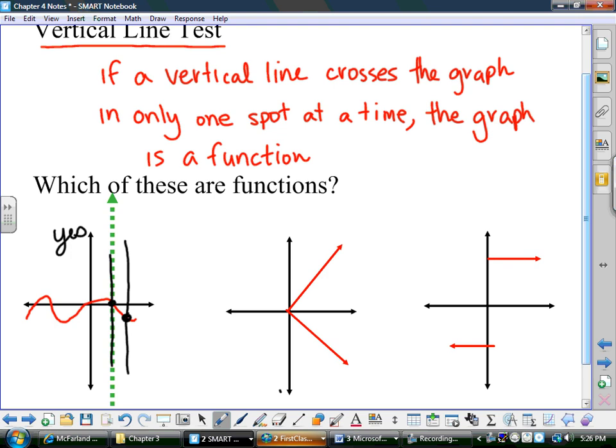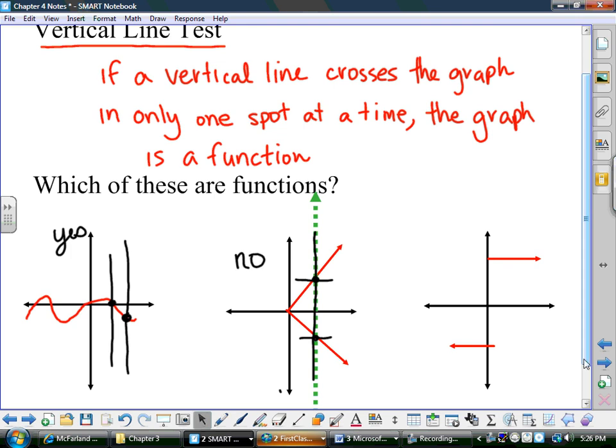Every x only has one y that goes with it. On the second one, if I move my vertical line across the graph, the vertical line is touching this graph in more than one spot at a time. So that means this x value has two separate y's associated with it, and that's not allowed in a function.